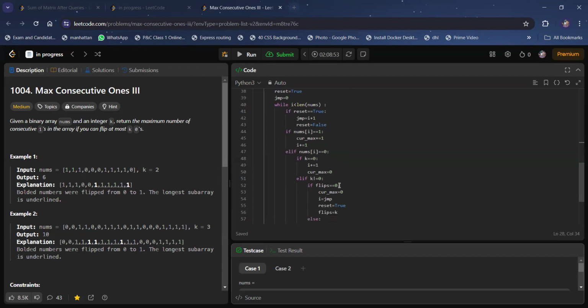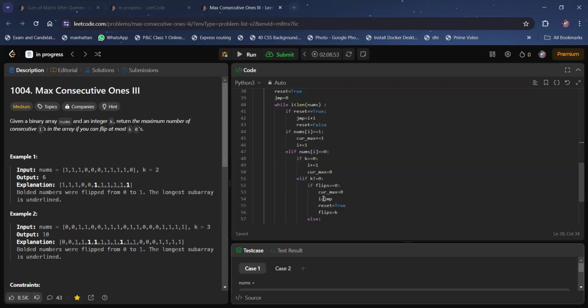In normal processing, flips means how many flips I have made till now. If till now I have made k amount of flips, that means the flips have become 0. So basically, k is two, flips were possible and I started from here, I made two flips, so flips is equal to 0. In that case I will reset the current maximum.